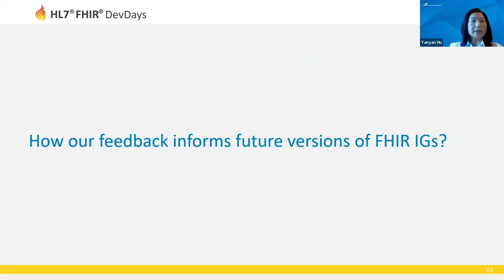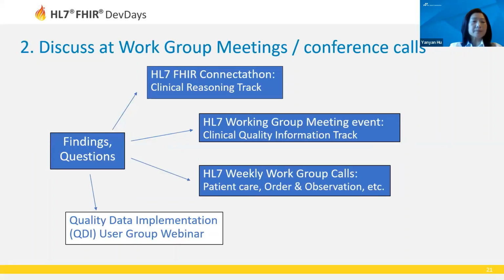Here are some platforms. Like the HL7 FHIR Connectathon, the clinical reasoning track is to test the use of FHIR resources in alignment with a specific QI-Core IG, quality measure IG. The working group meetings event usually occurs right after the Connectathon and focuses on HL7 standards in support of measure evaluation and reporting.